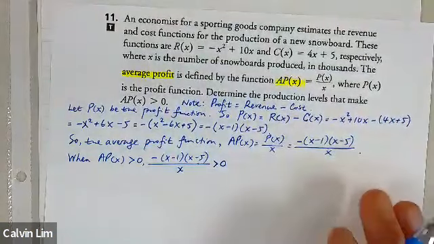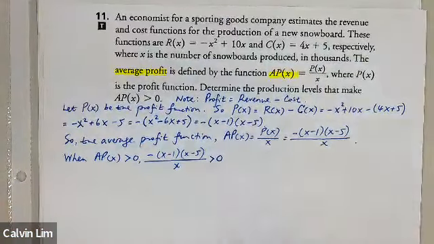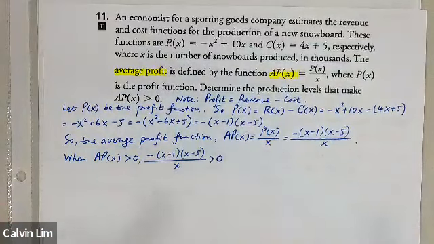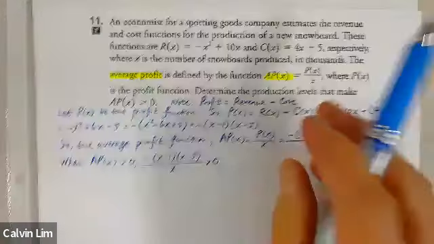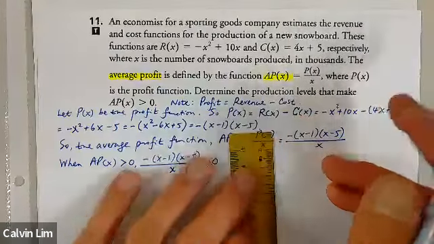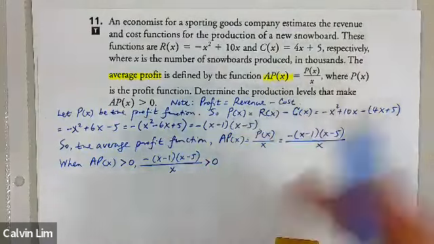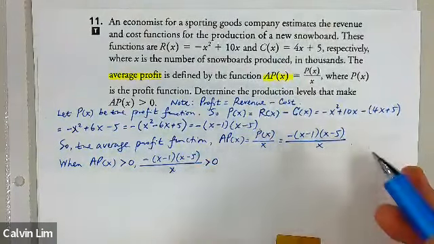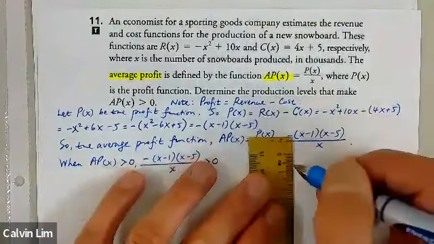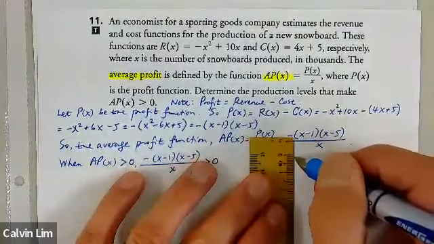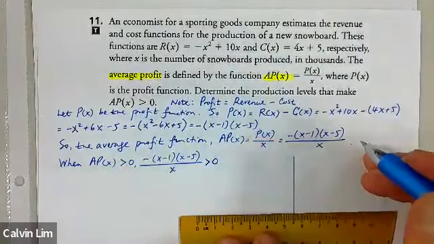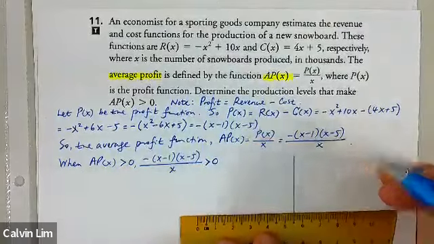Okay. Now, you want to solve this inequality. How do we do that? You use the number line. The numerator and the denominator are already in factored form, right? So this inequality lends itself to a number line solution very nicely.